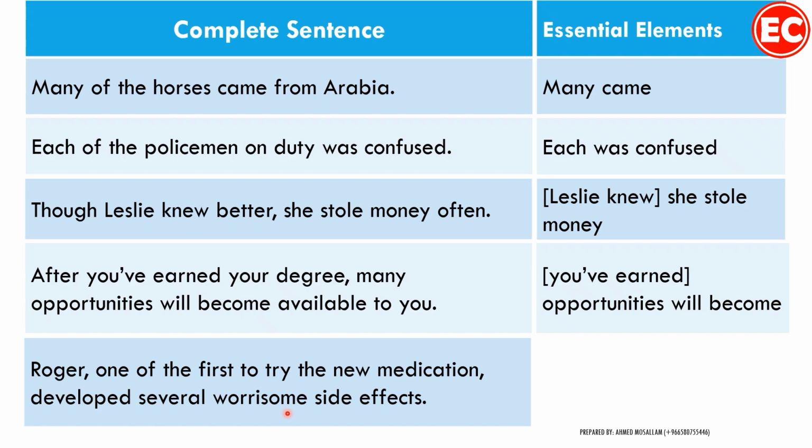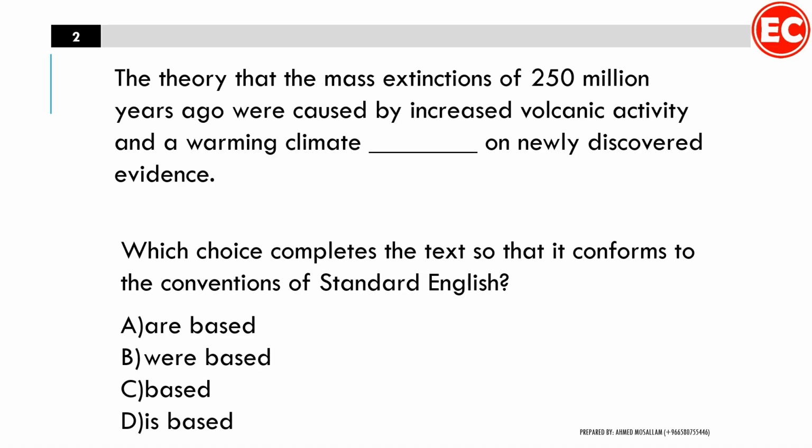Now think deeply and try to find out where the subject and where the verb. Yes, exactly. Roja and developed. As you can see, two commas. Before the first one, we have the subject, and after the second one, we have the verb. Now try this on your own.